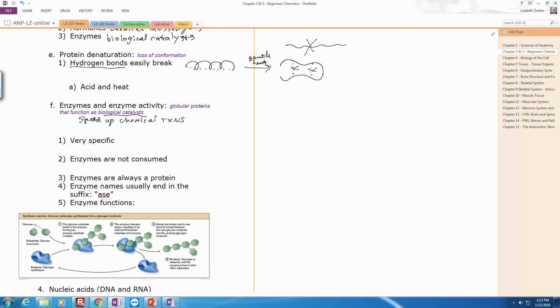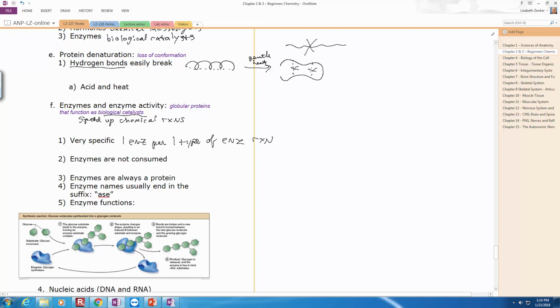And what else do I want to tell you? Enzymes are very specific. I usually abbreviate enzymes ENZ: one enzyme per one type of enzyme reaction.